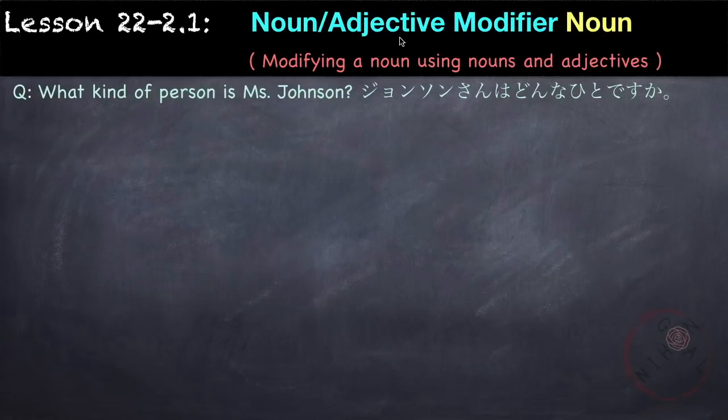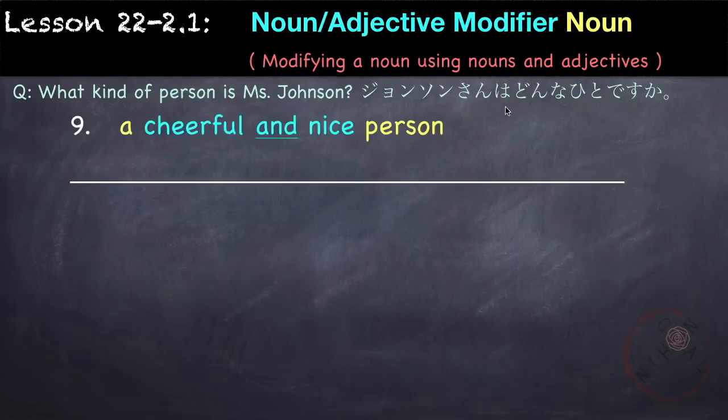Okay, so we've already learned how to modify nouns using noun and adjectives, but let me just give you more examples. So here we want to answer the question, what kind of person is Miss Johnson, or Johnson-san wa donna hito desu ka? For example, a cheerful and nice person.